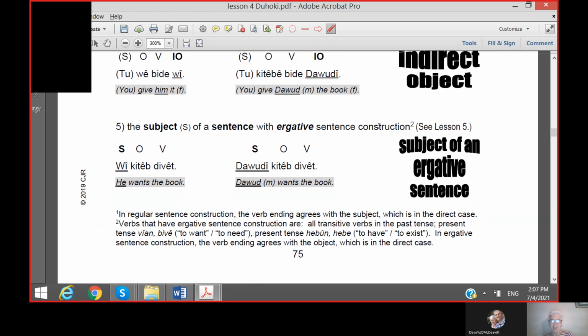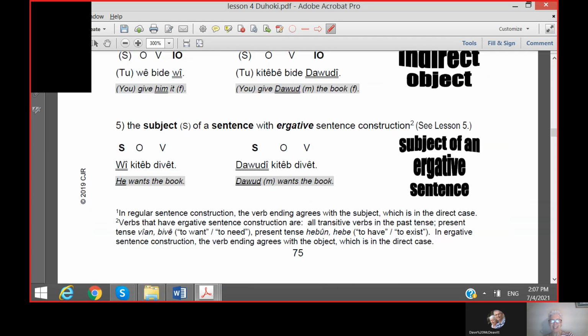Now, the fifth situation, this is where it gets a little bit tricky. It's very doable, though, once you understand it. You use an oblique case noun or pronoun when it is the subject of an ergative sentence. What's ergative? Look at footnote number 2.